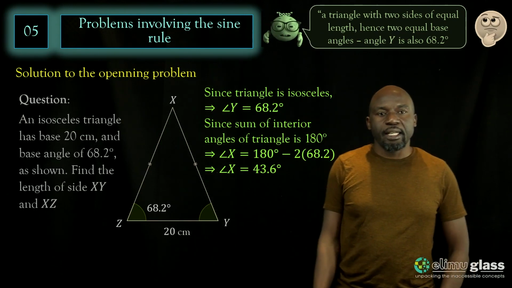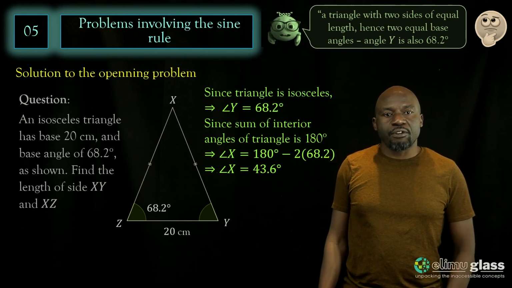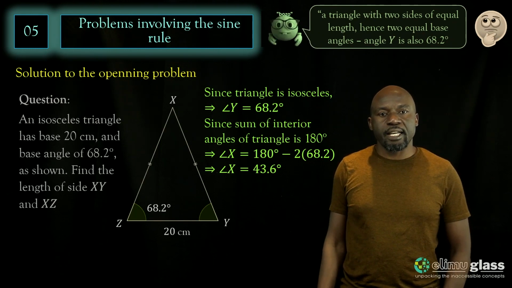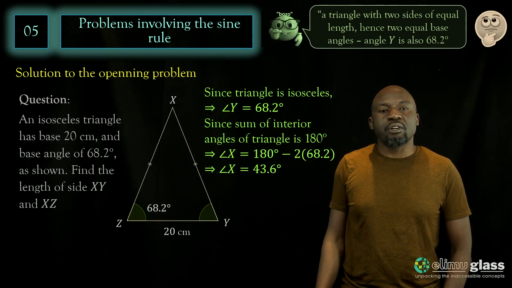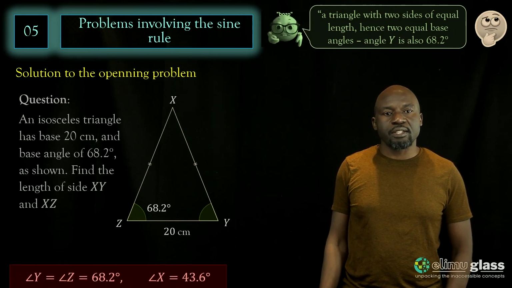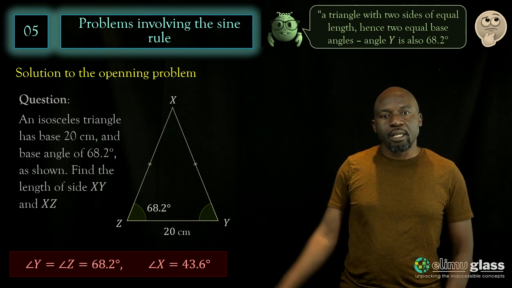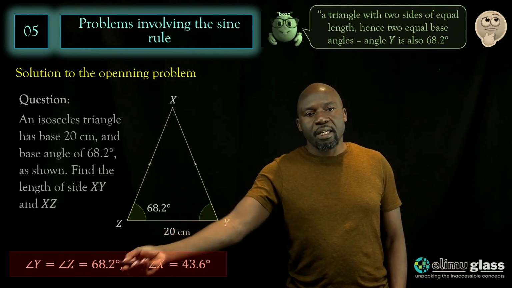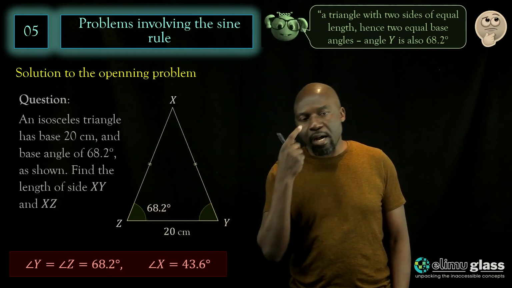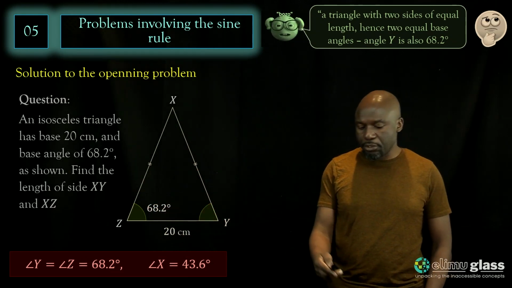All right. Now, with the knowledge of all three angles, it should be possible to find both sides xy and xz. Because they are equal, we only need to find one of them. And we reason using the sine rule. The top angle there is 43.6, and the bottom angles, the two of them, are 68.2.